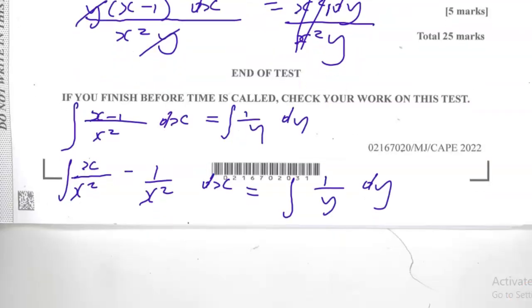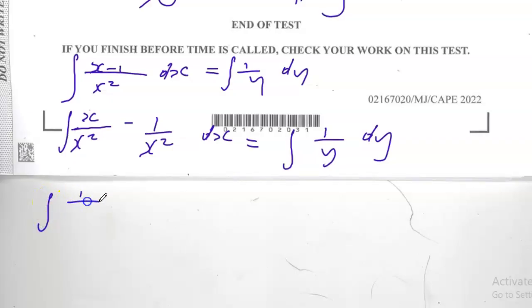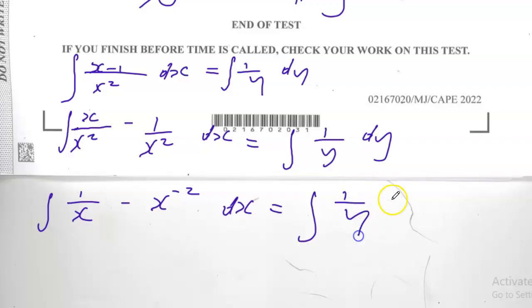Now x over x squared, that's 1 over x, right? Minus, well, 1 over x squared is the same as x to the minus 2, dx, equal to the integral of 1 over y dy.